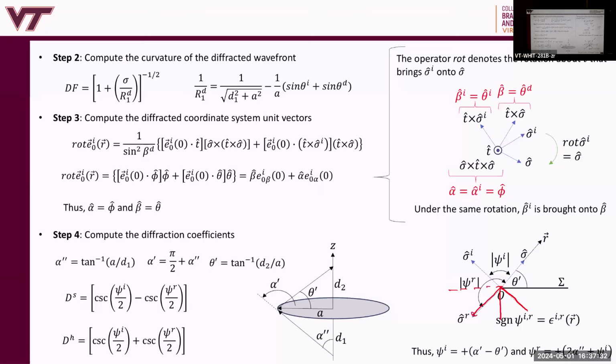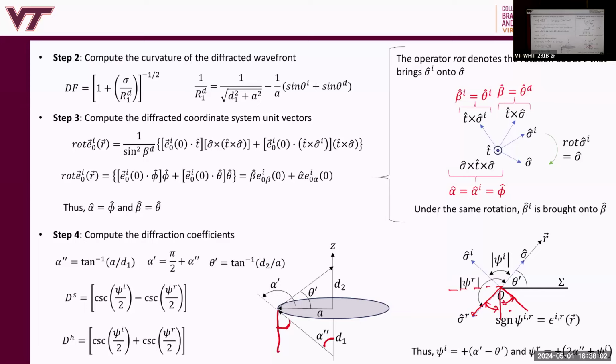If you draw a line here, this angle is equal to this angle, right? By Snell's law of reflection. No, it's this angle, I'm sorry. It's this angle here. But that angle is exactly the same as this angle.